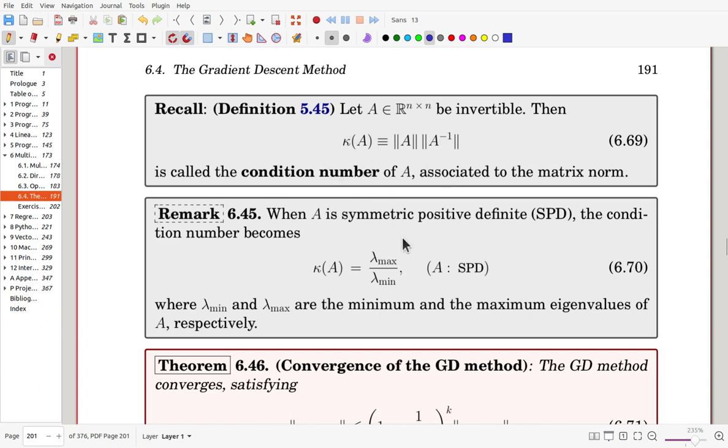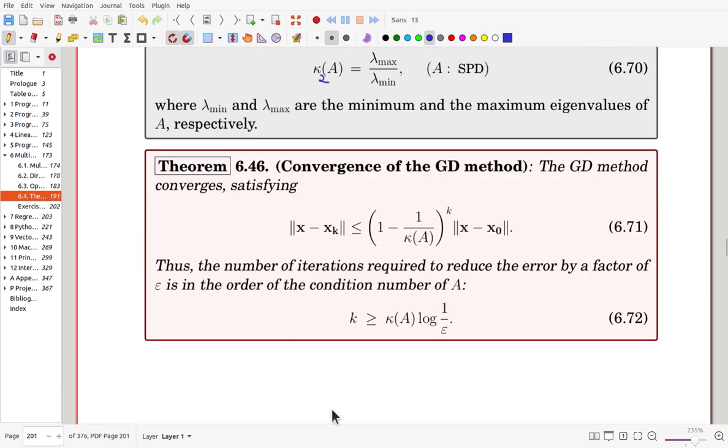And when the matrix is symmetric positive definite, then the condition number becomes the ratio between the maximum eigenvalue and the minimum eigenvalue. That is the condition number, of course, here using the 2-norm.